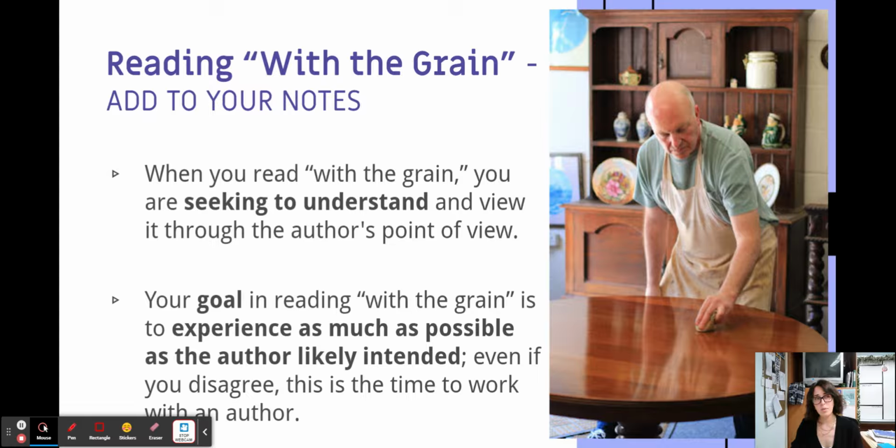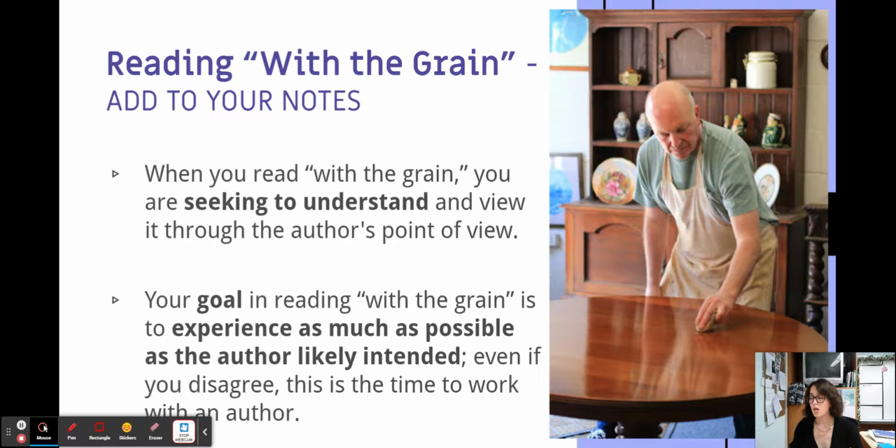This is usually what people do on their first read, right? So they'll read it once, and all you're trying to do when you're going with the grain is to just understand what they are saying, what their evidence is, what language they're using, what the author is intending.